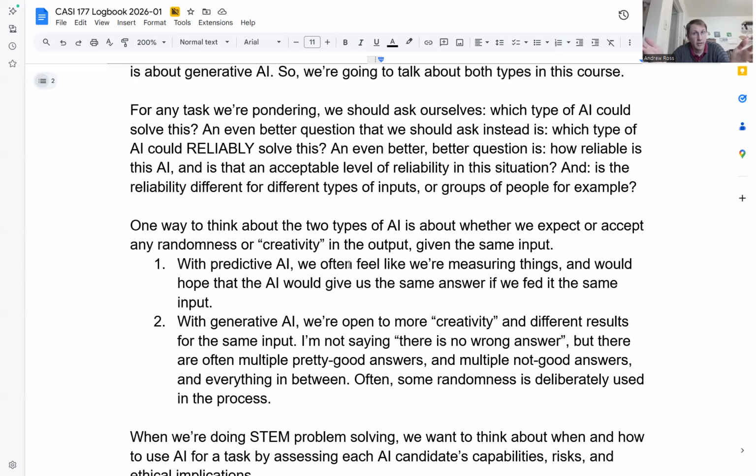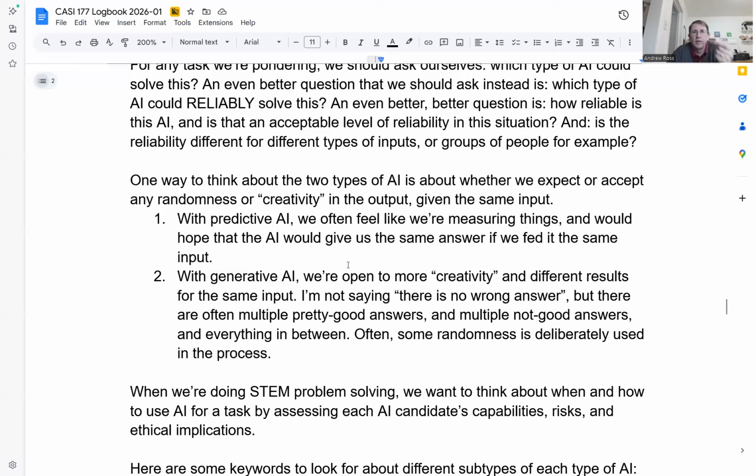There are definitely wrong answers, but there are often multiple pretty good answers and multiple kinds of wrong answers and everything in between. And sometimes to get some of that creativity, these apps actually deliberately inject randomness into the process. So if you feed in the same prompt twice, you might get two very different answers. Usually they'll be roughly the same, but not exactly the same.